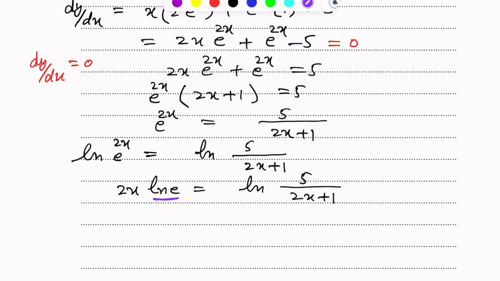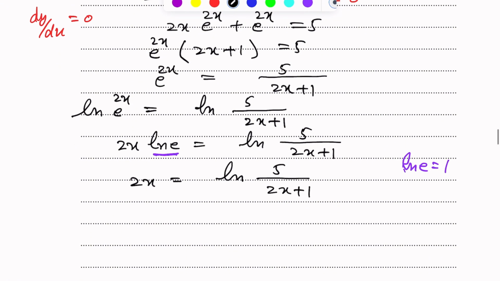Here log e is equal to 1, so we get 2x is equal to log 5 over 2x plus 1. Now from here we can find x: x is equal to 1 over 2 log 5 over 2x plus 1.